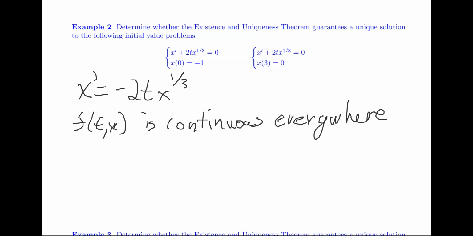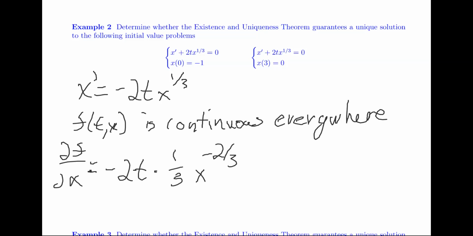And then we need to take the partial of f with respect to x. So this is negative 2t times 1/3 x to the negative 2/3, or in other words, negative 2t all over 3 times the cube root of x squared.